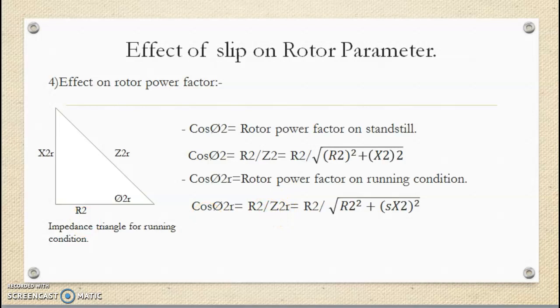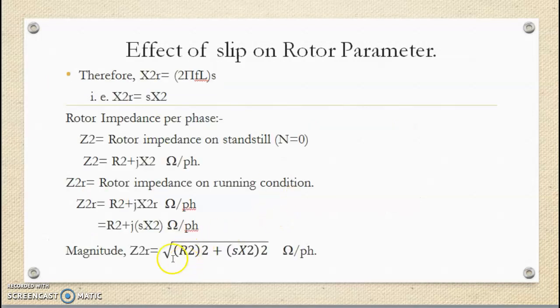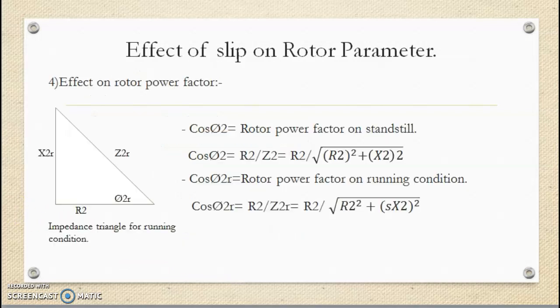And what is Z2R? In the last slide we have discussed, Z2R is equal to the square root of R2 squared plus (sX2) squared. So put this value here. You will get cos phi 2R is equal to R2 divided by the square root of R2 squared plus (sX2) squared. This is equation number 5.